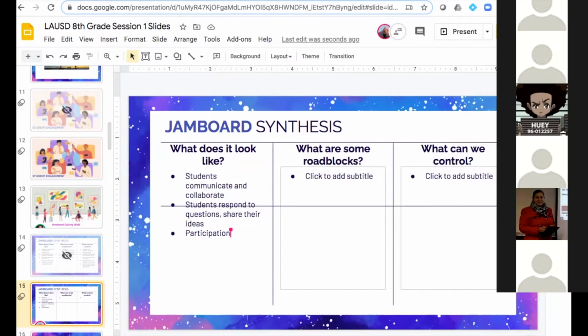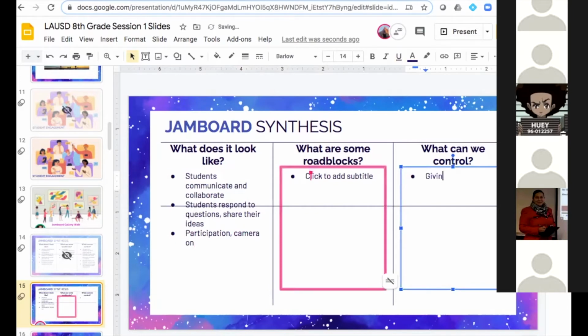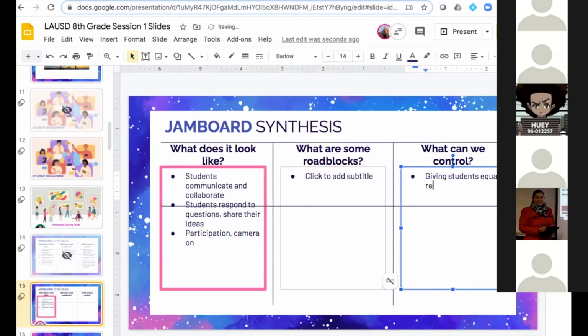My thinking is the control that we have will be two things. Number one, giving students equal response opportunity, not just calling the ones who always raise their hand, making it a little bit personal, and first of all, making it safe to answer.